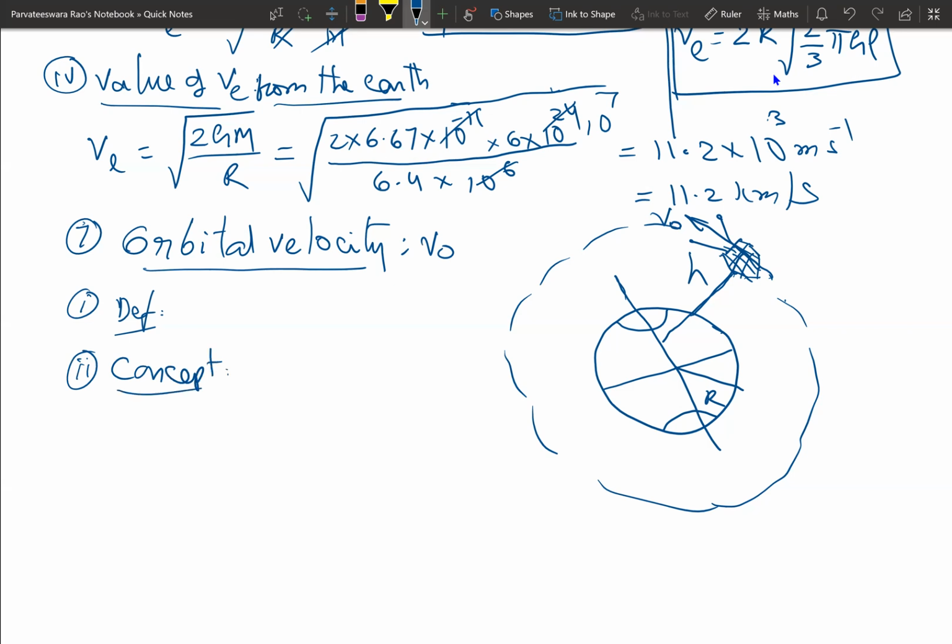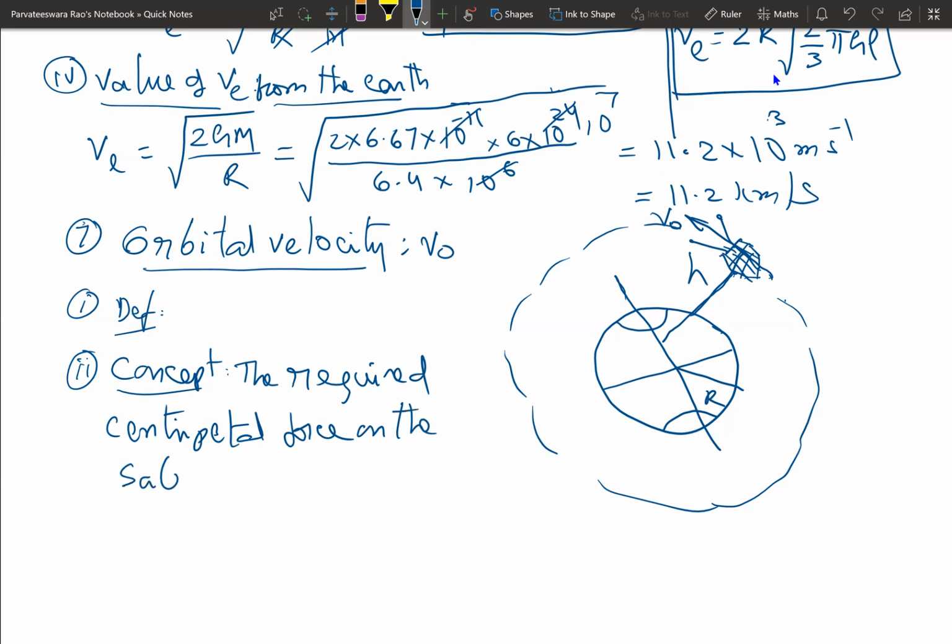Concept is, the required centripetal force on the satellite will be equal to the Earth's gravitational force. So centripetal force formula is mv square by r, that is m V naught square by r.